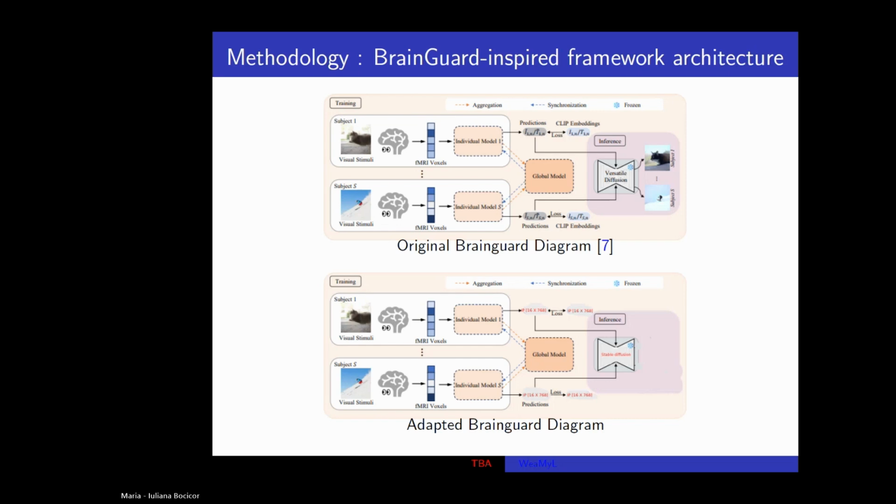And additionally, they had a prediction strategy that used so-called memories from the training data. So they would predict some embedding, and then they would aggregate that with other similar image embeddings from the training data. And we thought that this could turn into data leakage, so we didn't use this.